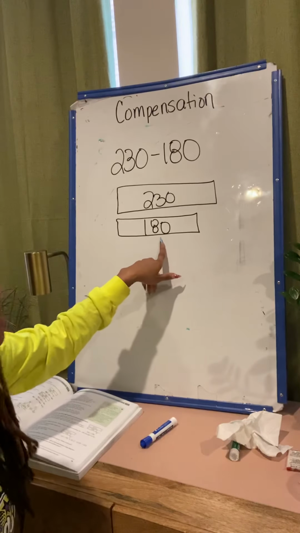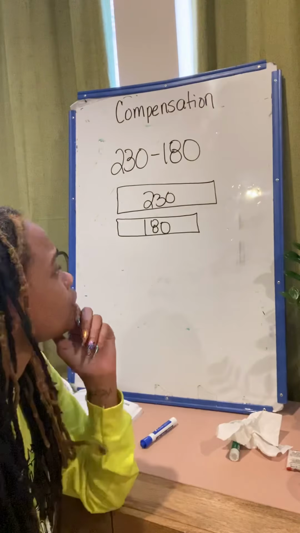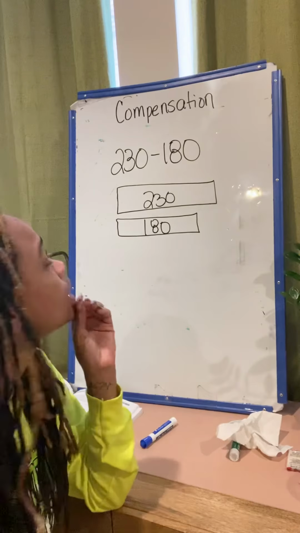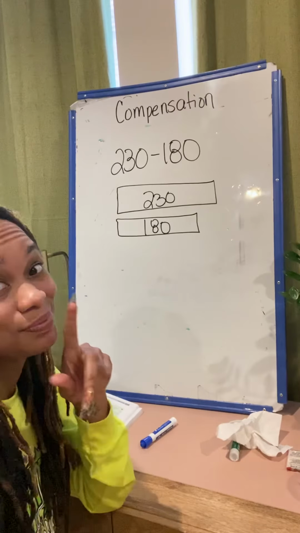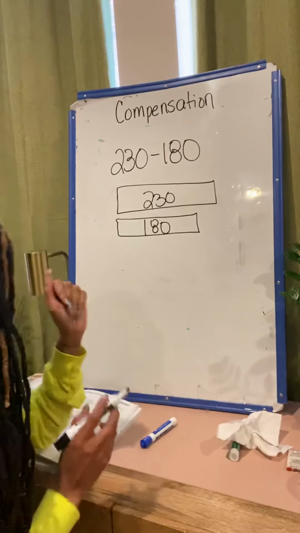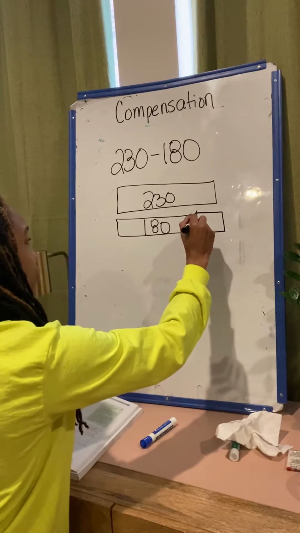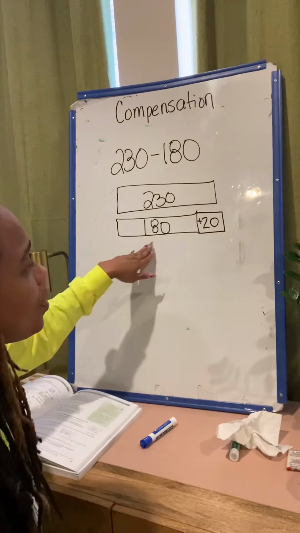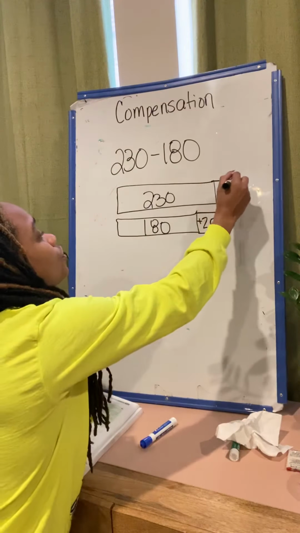So you can think about what is the next 100 first? Yep, 200. So 200 is our friendly number. How much more does 180 need to get to 200? 20, you're right. So what we're going to do is we're going to add 20 to get a friendly number. But if we added 20 to 180, we also need to add 20 to 230.